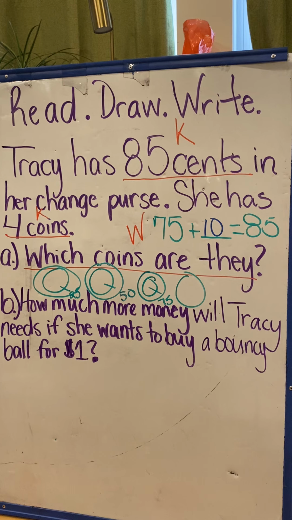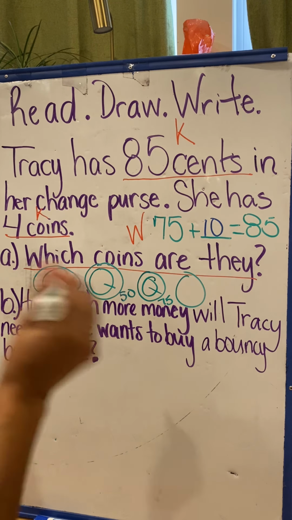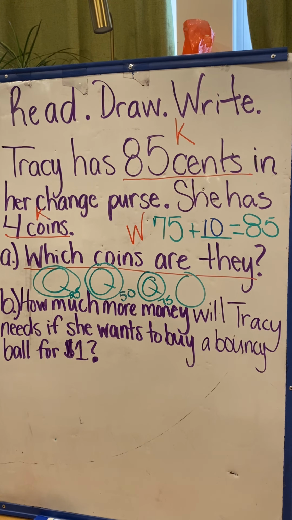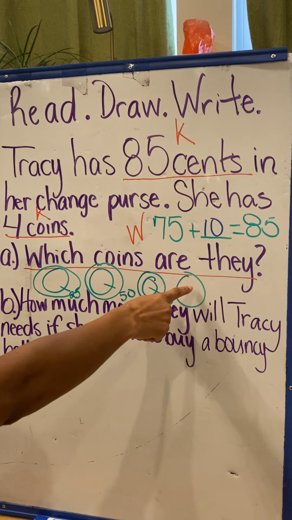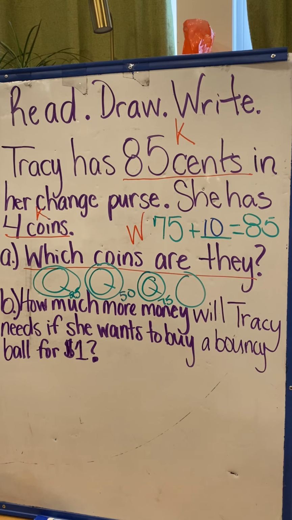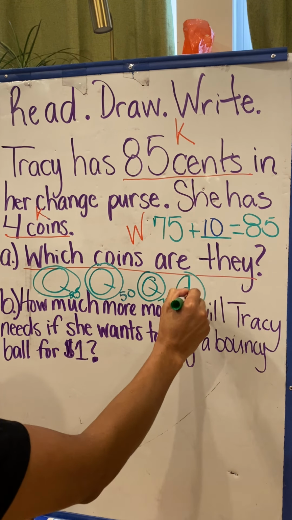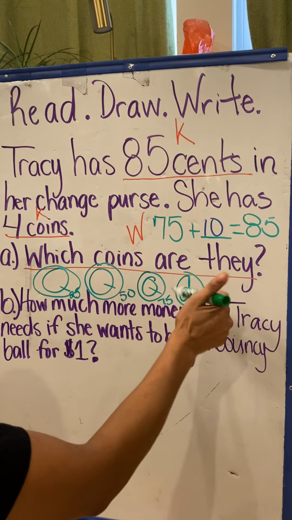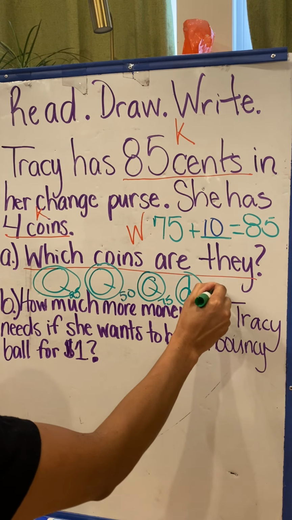So what coin has a value of 10 cents? We could say 2 nickels, but remember, we only have one more coin. We can only use 1 coin. So which coin alone has a value of 10 cents? A dime. So 10 plus 75 will give me 85 cents.